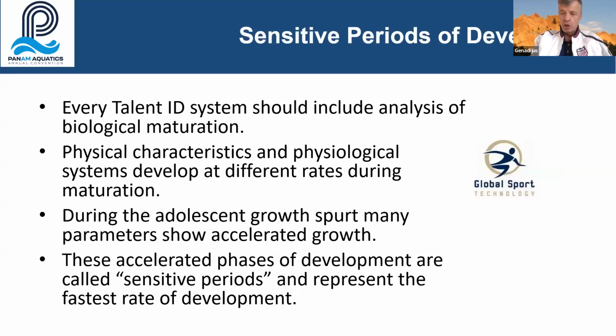For example, aerobic development happens earlier, at age 11 for girls and about age 12 for boys, or even younger for girls, around 10.5, which means we need to start developing good aerobic conditioning at the beginning of the sensitive period of aerobic development.